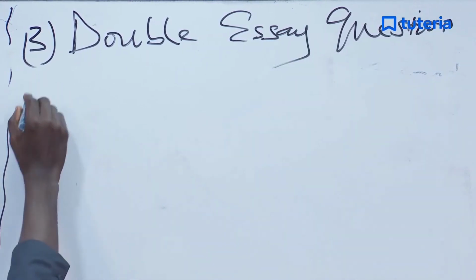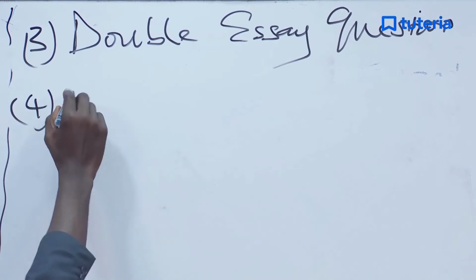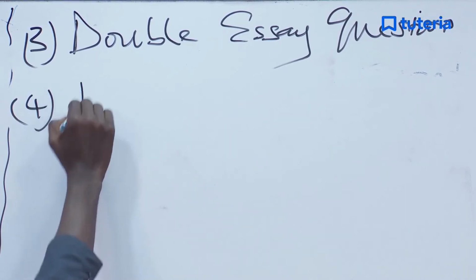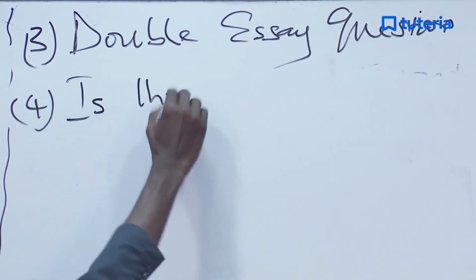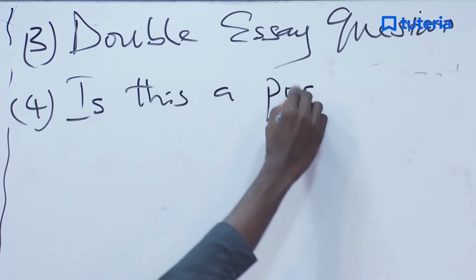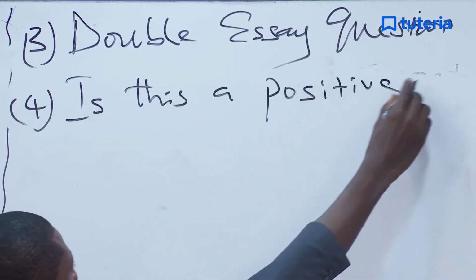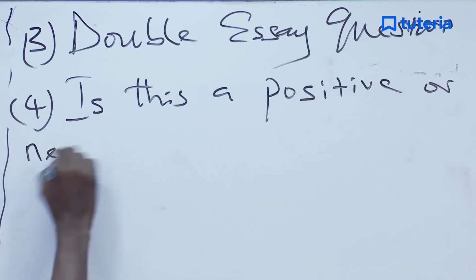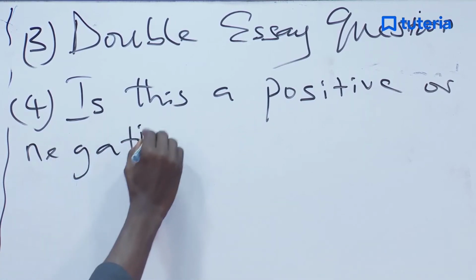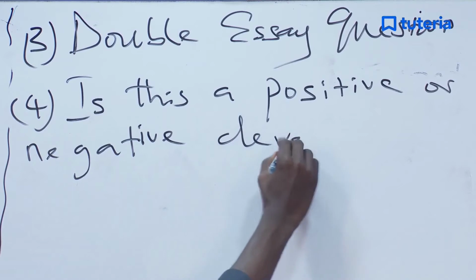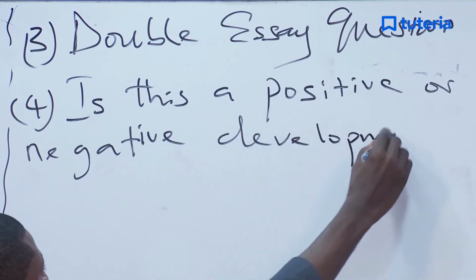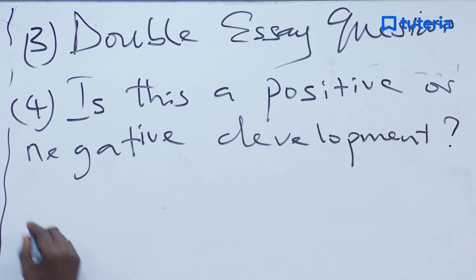Then we have 4: is this a positive or negative development? Then we have 5.